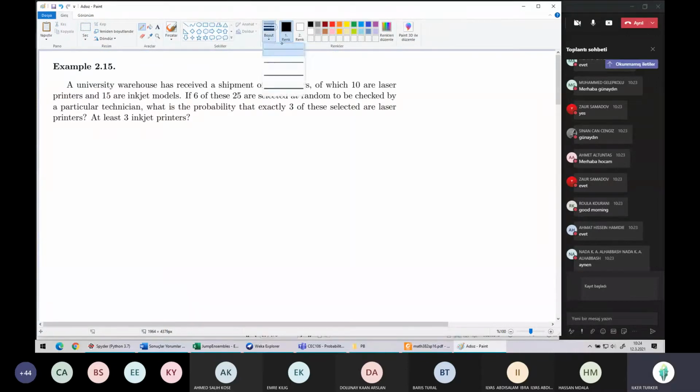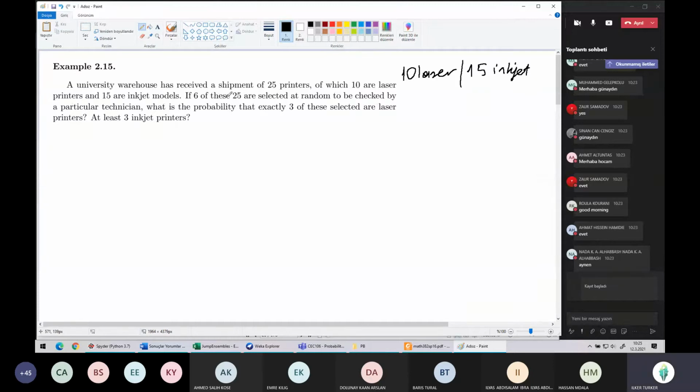A university warehouse has received a shipment of 25 printers, of which 10 are laser and 15 are inkjet printers.